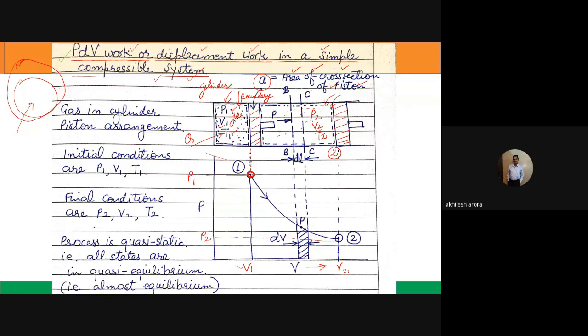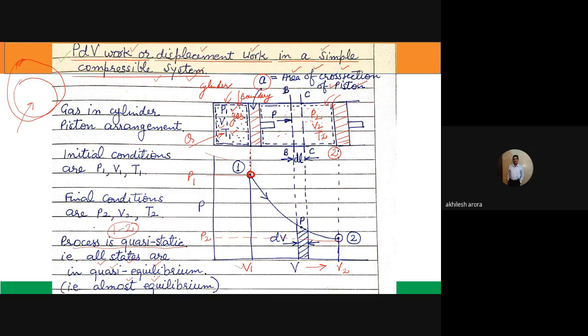Now what I am considering is that the process is quasi-static. Quasi-static means I am considering this process 1 to 2, which is taking place inside the piston cylinder device. Okay, so this is a quasi-static process. That means all the states are in quasi-equilibrium or almost equilibrium.